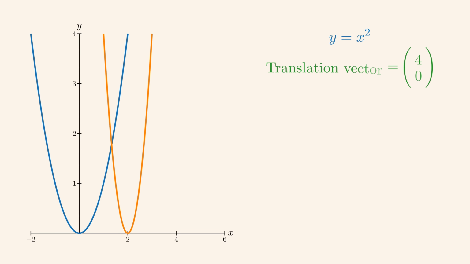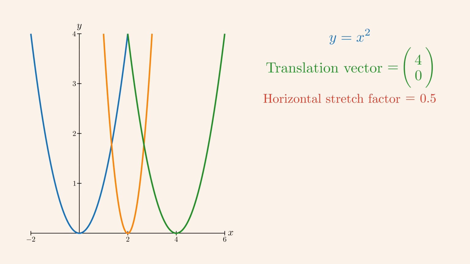First, we translate the graph 4 units to the right to obtain the green curve. We then apply a horizontal scale factor of 0.5, compressing the graph to produce the red curve. The equation of the green curve is shown here, followed by the equation of the red curve. We can identify these equations using what we have learned about the effect of each transformation.